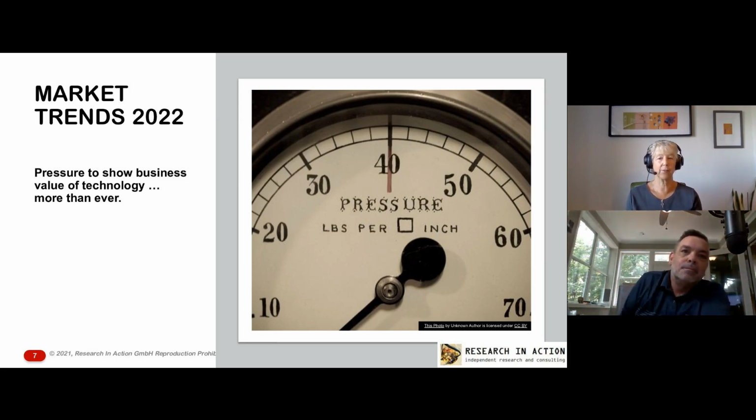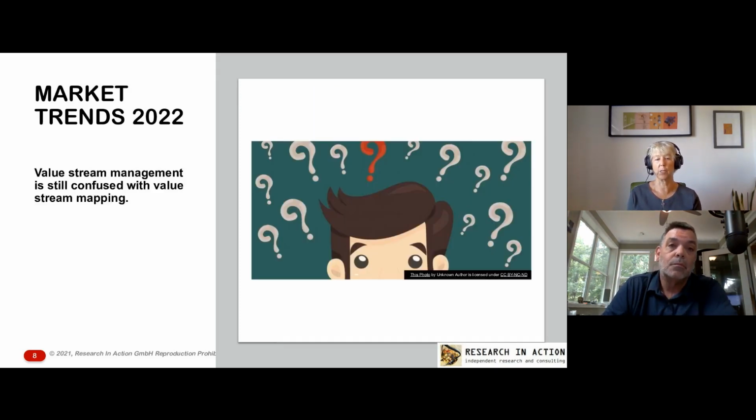And when I say the value of technology, I don't just mean showing the business why you have adopted cloud and what it does, but this is in relationship to digital transformations. How have you leveraged the improvements or the technology to improve customer experience or employee experience, or make a process more efficient, et cetera. So this is certainly one market trend we're seeing.